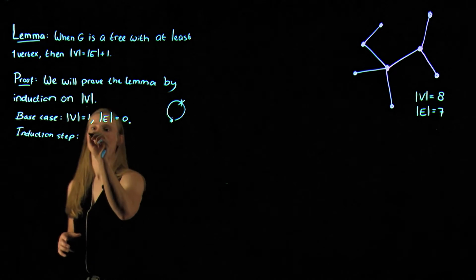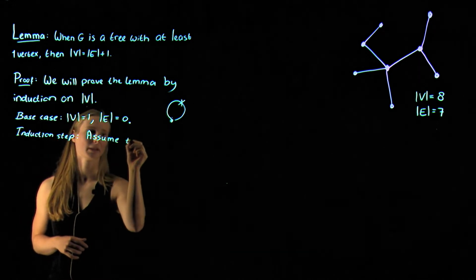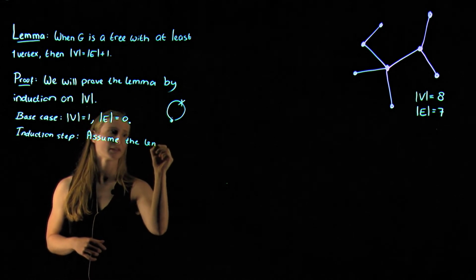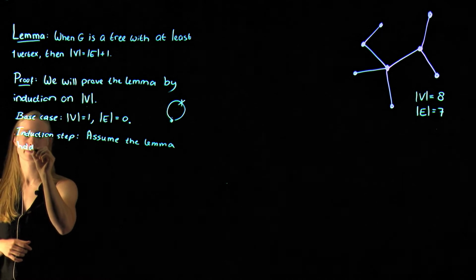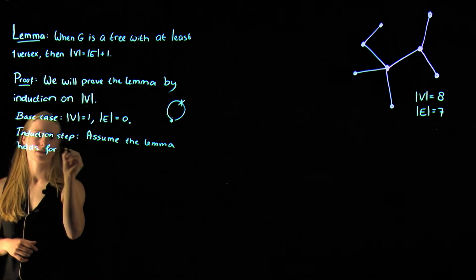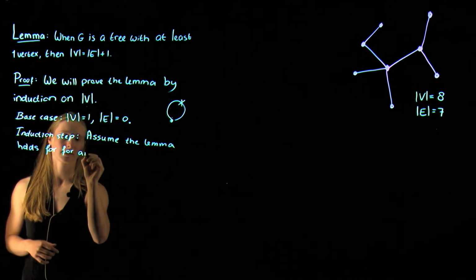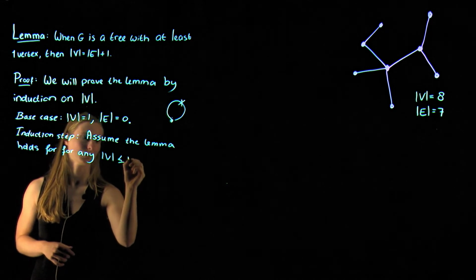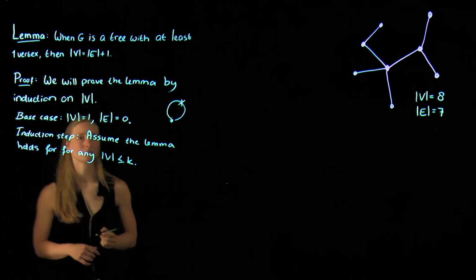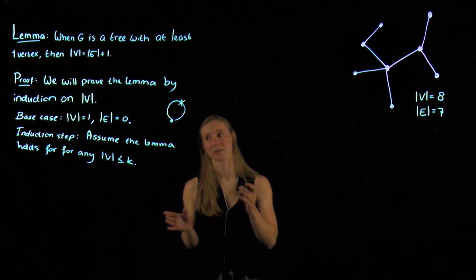So we assume the lemma holds for any size of the vertex set smaller or equal to k. And then we will look at one step larger.